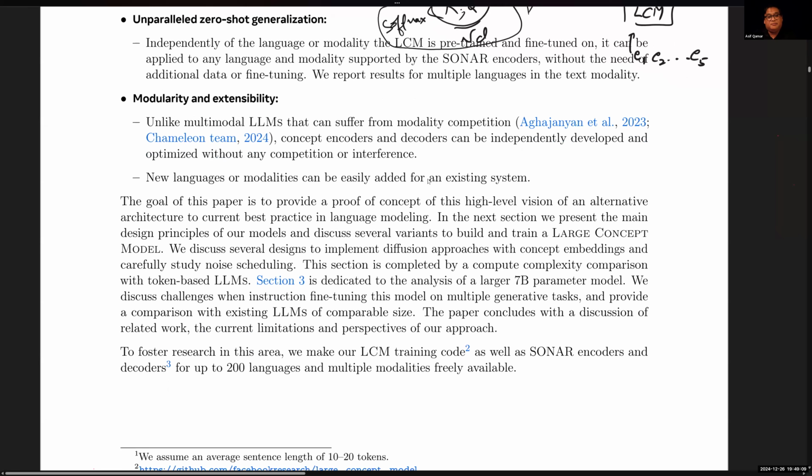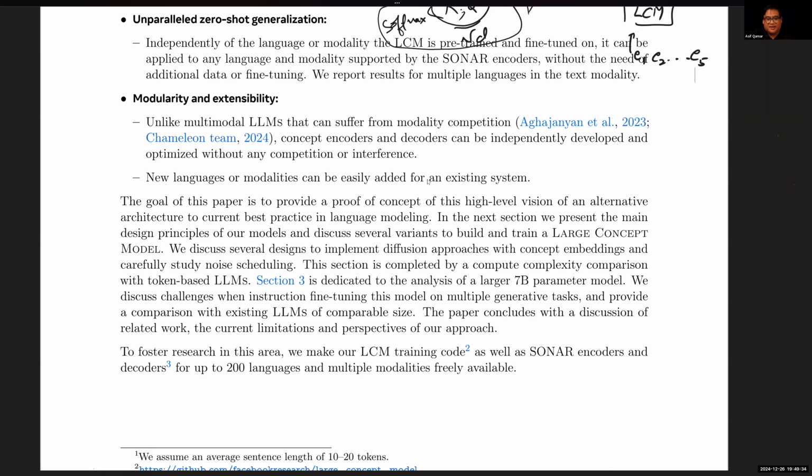The next point that they mention is modularity and extensibility. Unlike multimodal LLMs that can suffer from modality competition, concept encoders and decoders can be independently developed and optimized without any competition or interference. This is important. When you mix modalities, you have a text encoder and a vision encoder, and their representations come in.